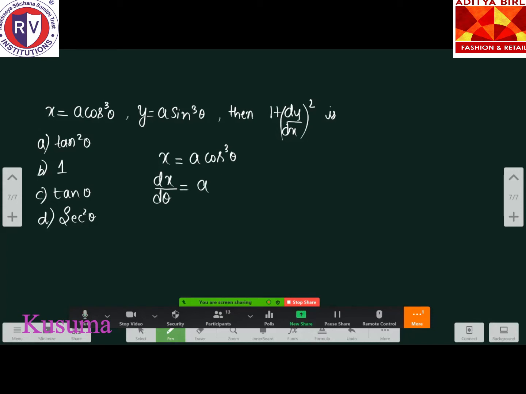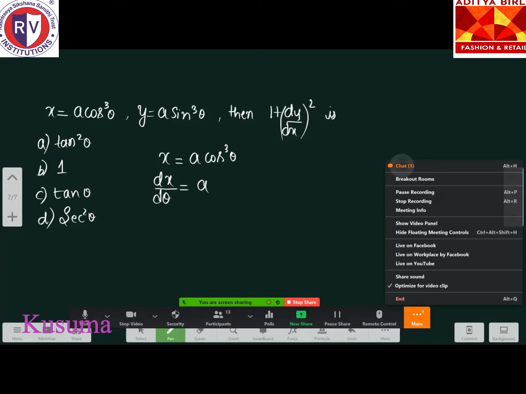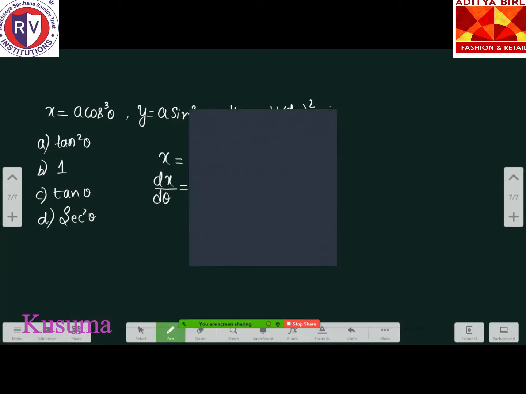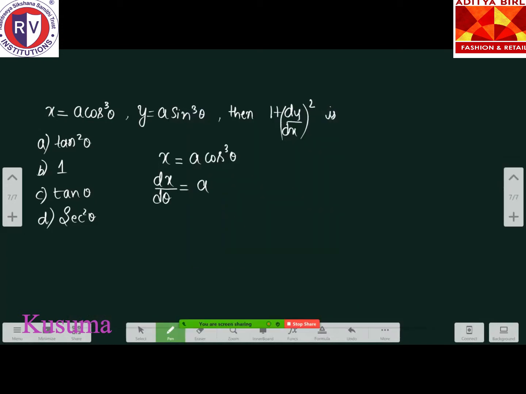Ma'am, dx by dt, dy by dt, whole divided by dx by dt. Okay, so here it will be a into 3 cos square theta into differentiation of cos theta, which is minus sin theta.